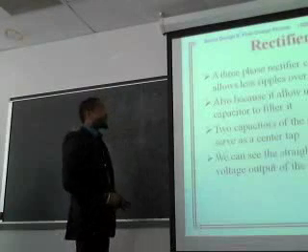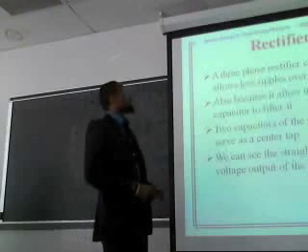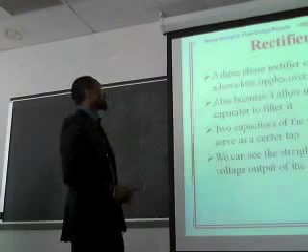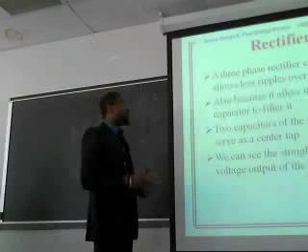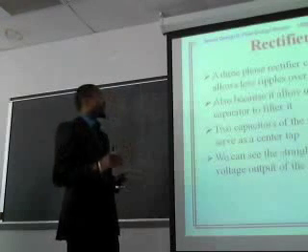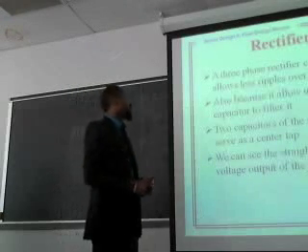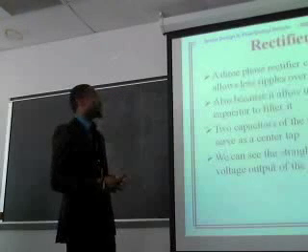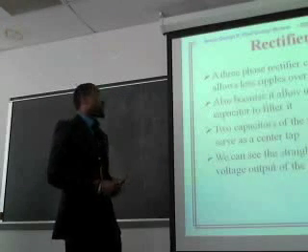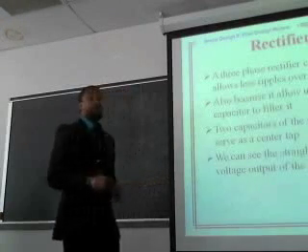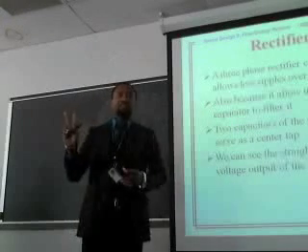And talking about the rectifier, as you can see, a three-phase rectifier circuit is used because it allows less ripple over a single phase. Also because it allows us to use a lesser value of capacitor to filter, like you can see on the system right here. We use only two capacitors.